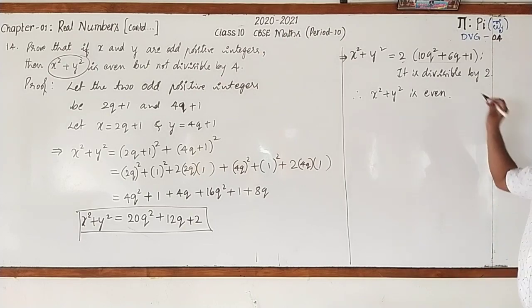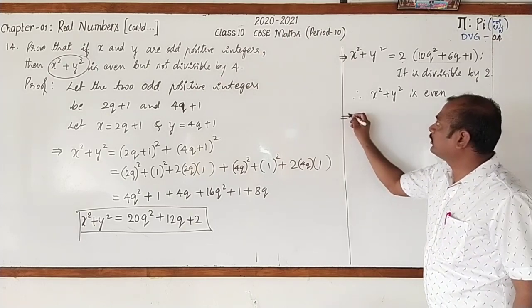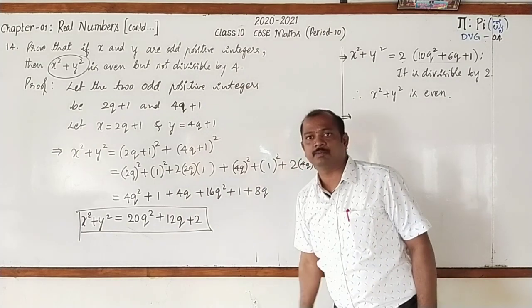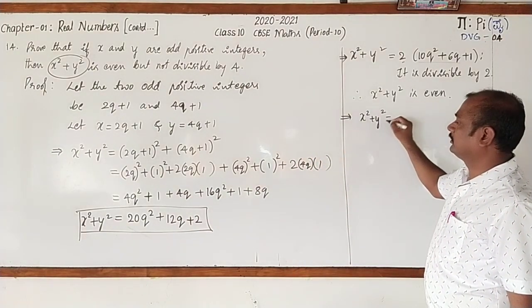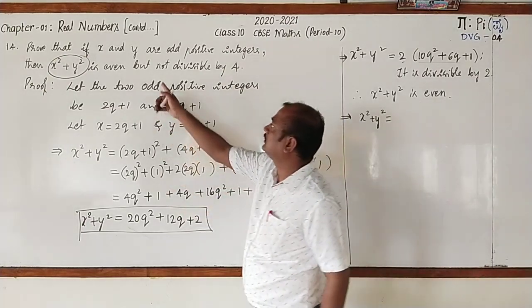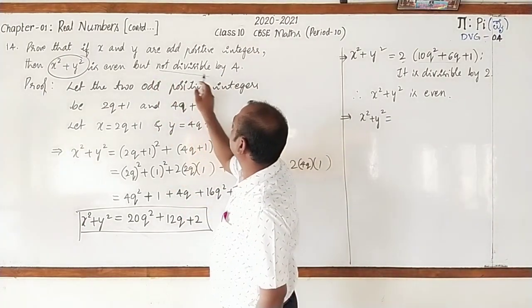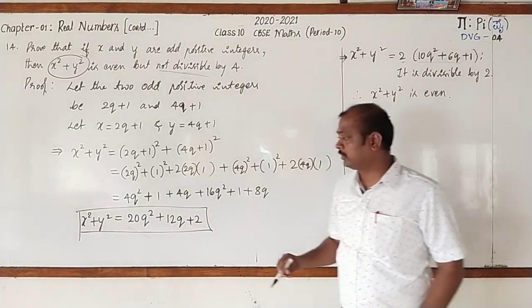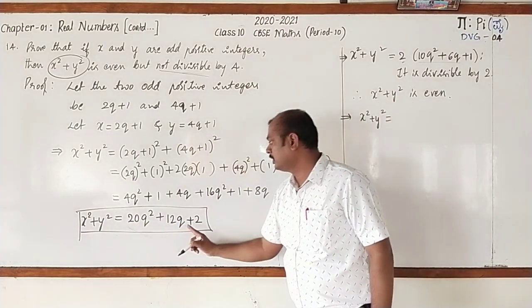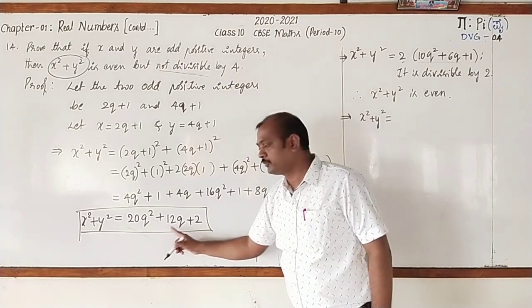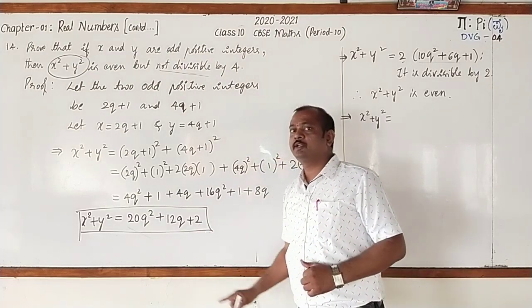Understood? Okay. Now, let me take the same statement again, x square plus y square. In the next statement you are going to prove it is not divisible by 4. Here 20q square is a multiple of 4, 12q is a multiple of 4. What about 2? It is not a multiple of 4.